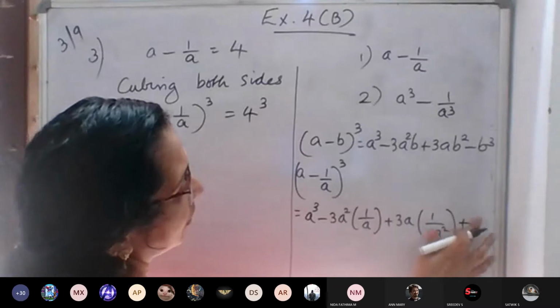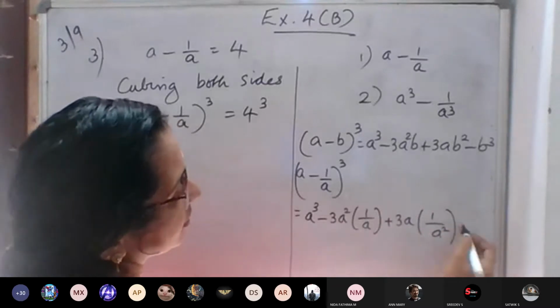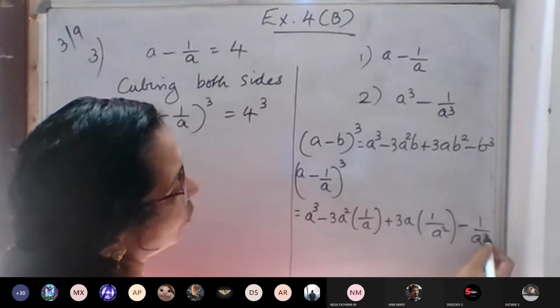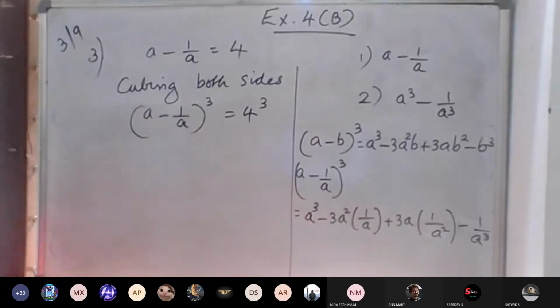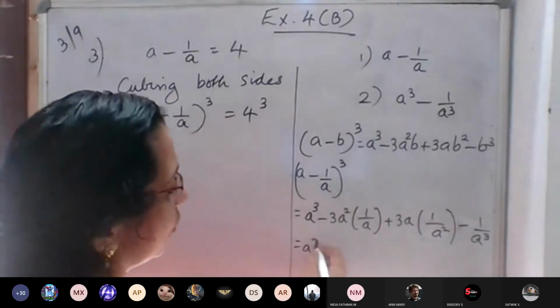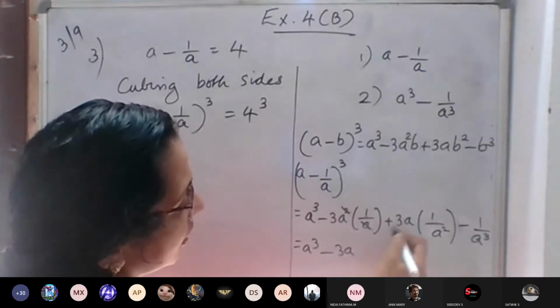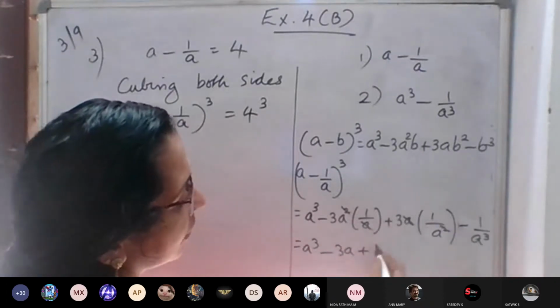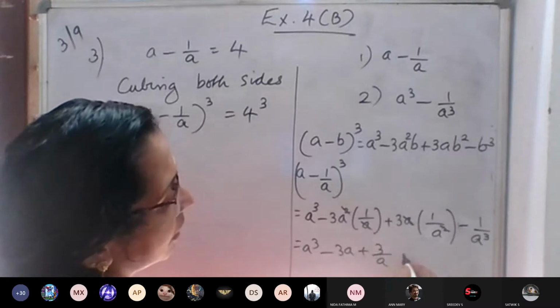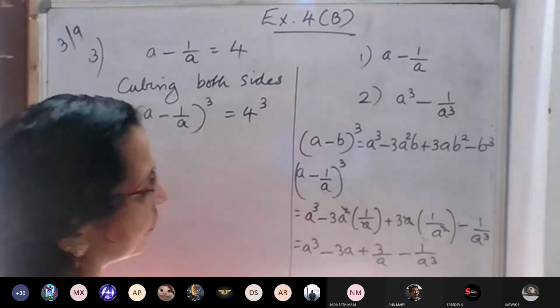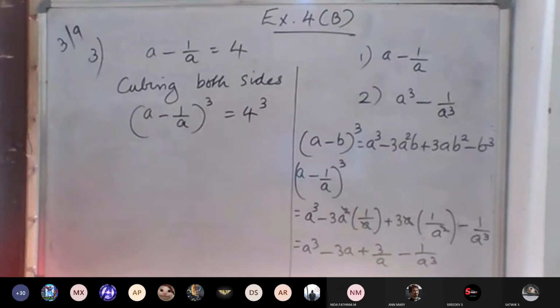Then minus 1 by A cube. Then A cube, minus A cancel, 3A balance will be there, plus 1A cancel, denominator 1A will be there, minus 1 by A cube.